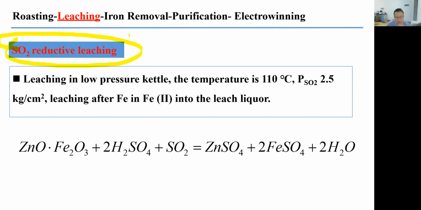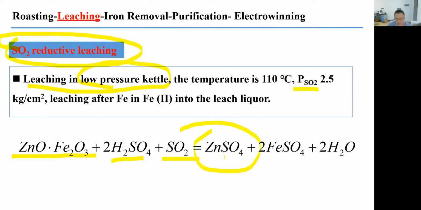So this technology is used in Akita zinc smelter, and the leaching is realized with autoclaves. So they are pressure kettles. Some liquid sulfur dioxide is injected, and the zinc ferrite reacts with acid and sulfur dioxide, and they form zinc sulfate, ferrous ions and water.